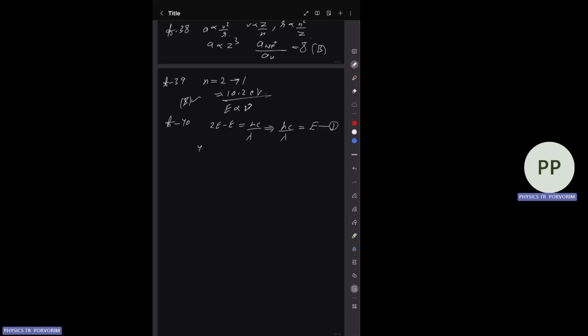Now from 4E by 3 to E, the energy is hc by lambda dash, and that will be E by 3. This is the second. By solving these two, lambda dash divided by lambda will be 3, so lambda dash will be equal to 3 lambda. Option D is correct for question number 40.